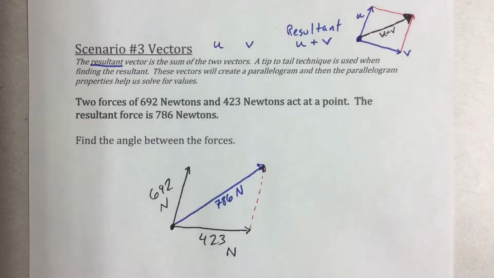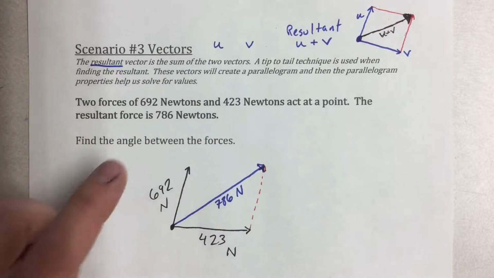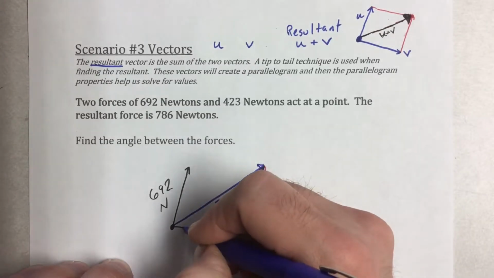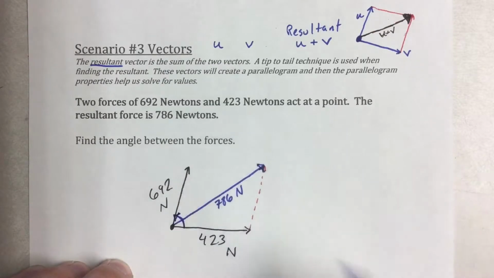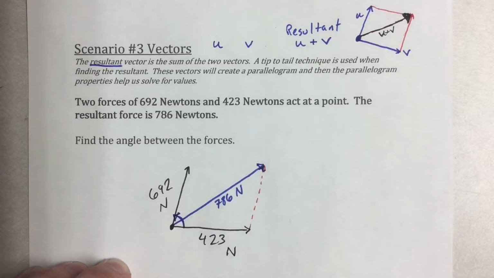Now, how in the world, given this diagram, how could we find the angle between these forces? Okay, so we're looking for what is this whole angle, going from the 423 to the 692.